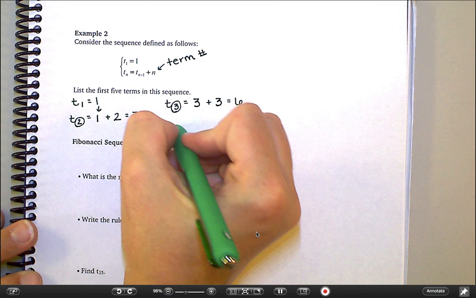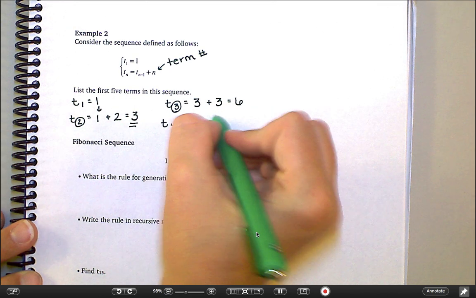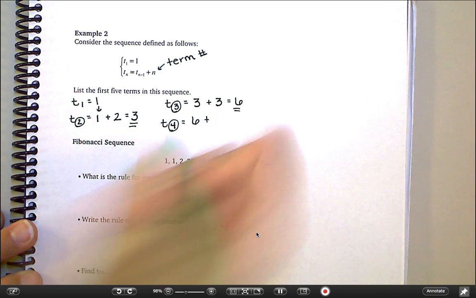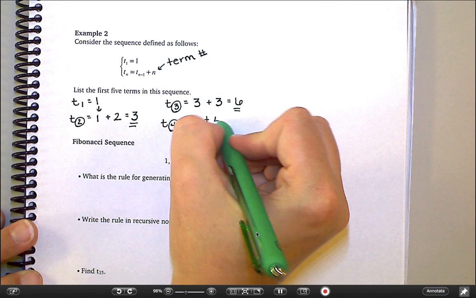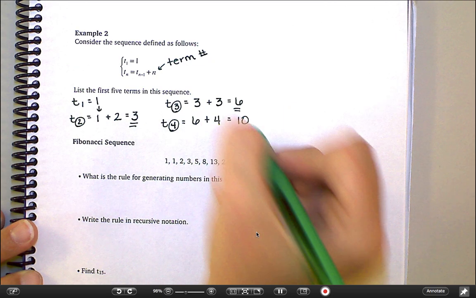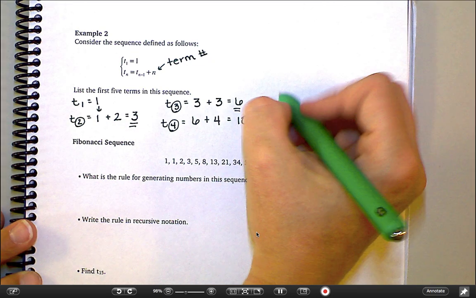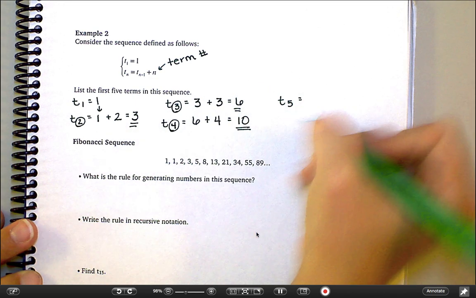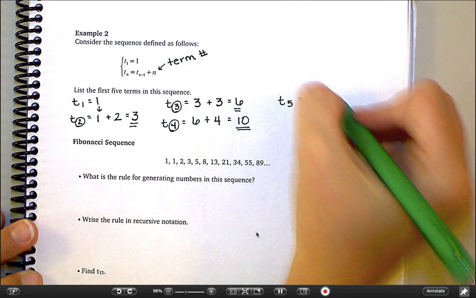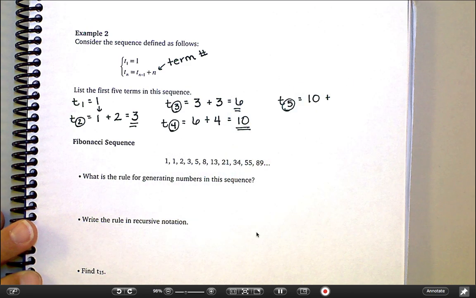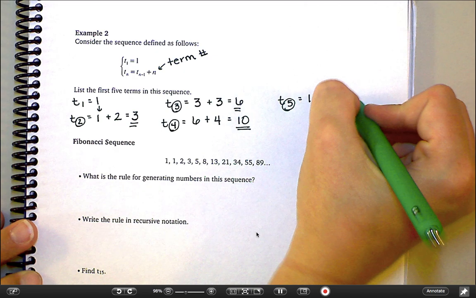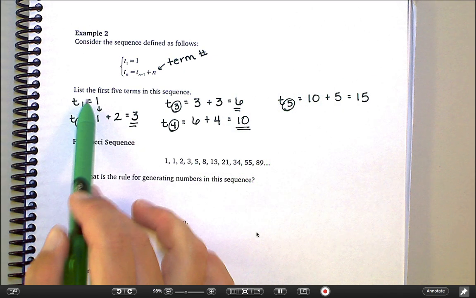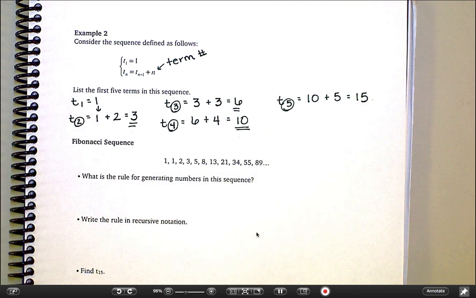Term 4 would be previous term of 6 plus my term number of n, which is 4, and I get 10. Term 5 would be my previous term of 10 and add my n value to get 15. Okay, so my sequence would be 1, 3, 6, 10, and 15.